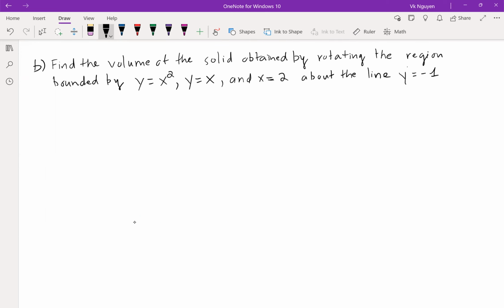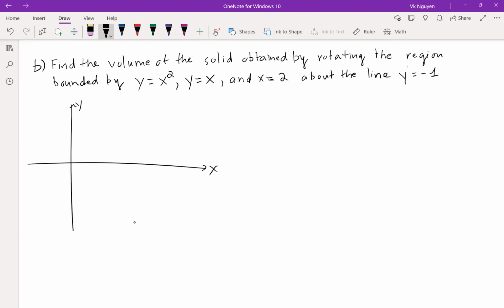Find the volume of the solid obtained by rotating the region bounded by y equals x squared, y equals x, and x equals 2 about the line y equals -1. Just have to be a little careful with the sketch here. Let's do it.